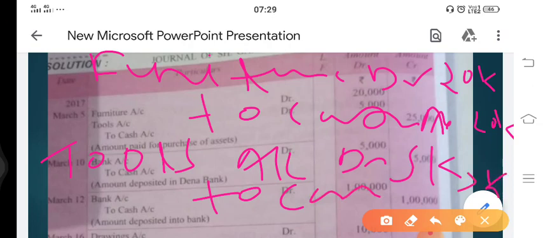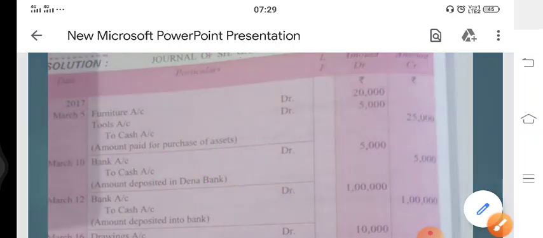This is the case of compound journal entry because furniture and tools both got debited, and for both we have a common credit, that is cash. That is why we have credited cash altogether for 20 plus 5, that comes to 25,000, and furniture and tools are debited with 20,000 and 5,000.